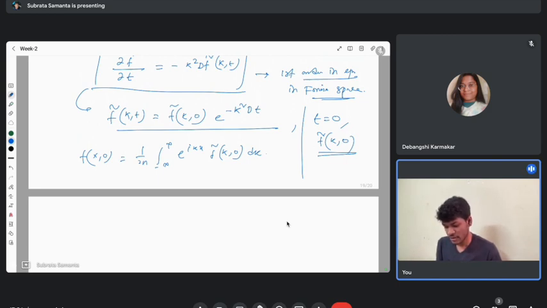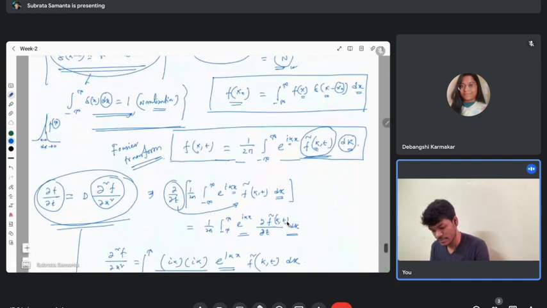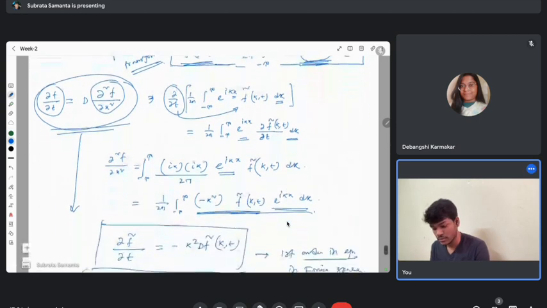This equation tells how f(x,0) and f tilde(k,0) are related, the same way as we define how f(x,t) and f tilde(k,t) are related.